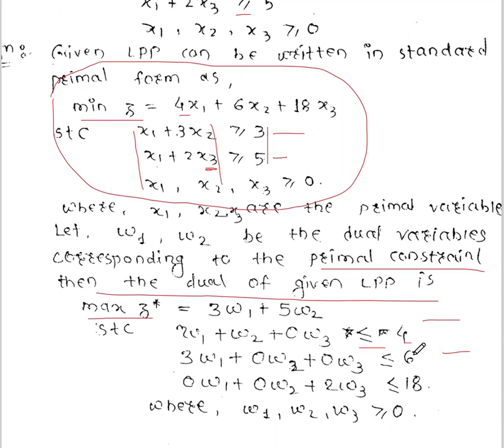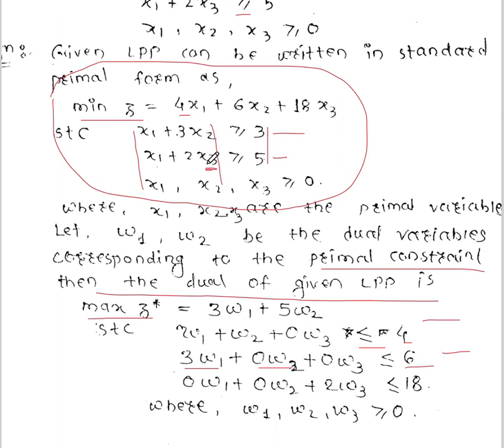Second constraint: 3W1 plus 0W2 because x2 is absent, plus 0W3 less than equal to C2, that is 6.